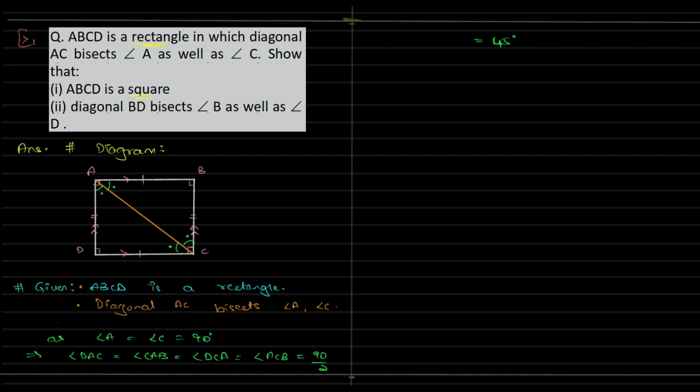Okay. So how does this help? Now think. So we need to prove ABCD is a square and that BD bisects angle B and angle D. Okay, so think about how we go about doing the first part.